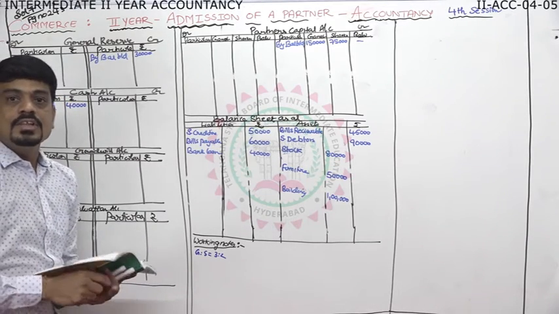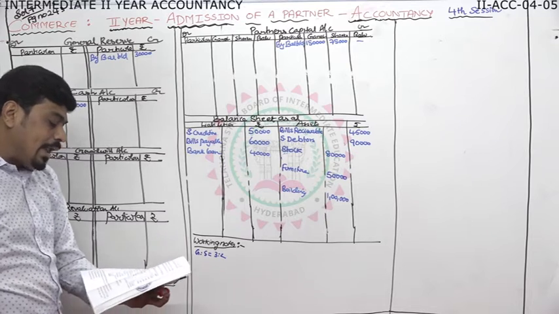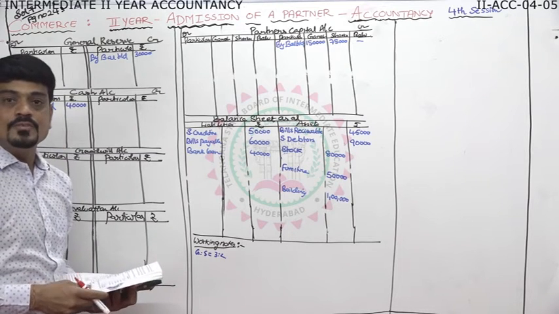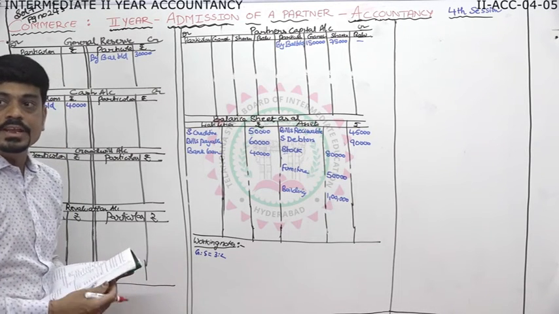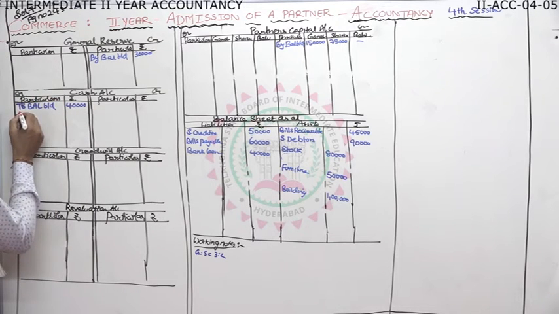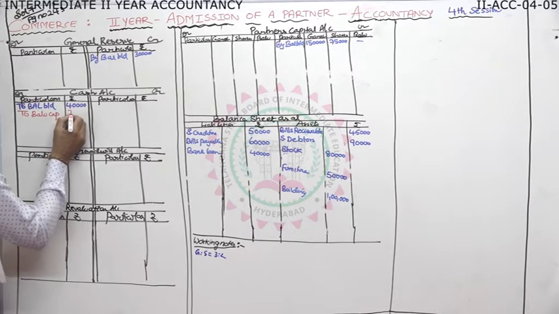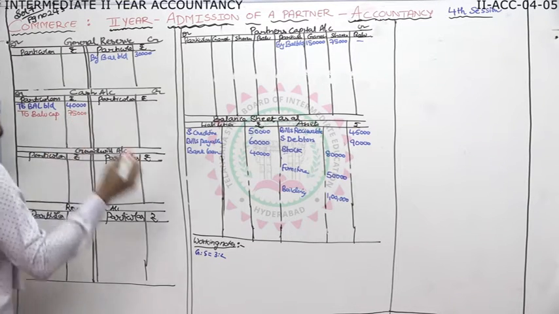Now comes the adjustments. If you look at the adjustments, they said Balu is bringing 75,000 for capital. Already I taught you the journal entry for capital brought in. So cash account debit to Balu capital. Balu brought 75,000.